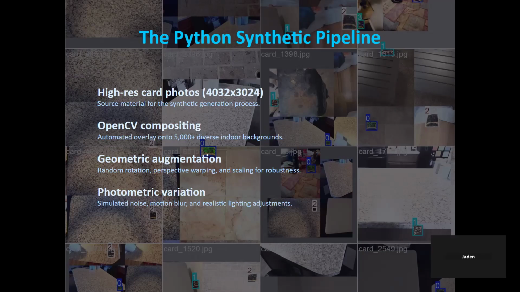Also, different times of day, photometric variation. I used OpenCV to simulate the dimming of the lights, and we also used it to simulate the quality of cameras, from a lower resolution camera to a higher resolution camera.